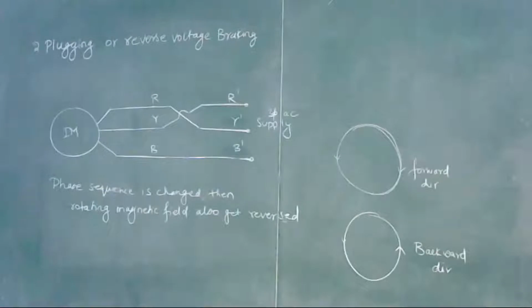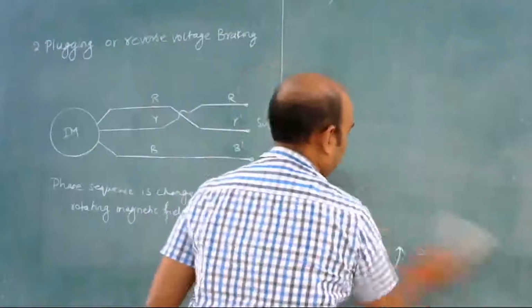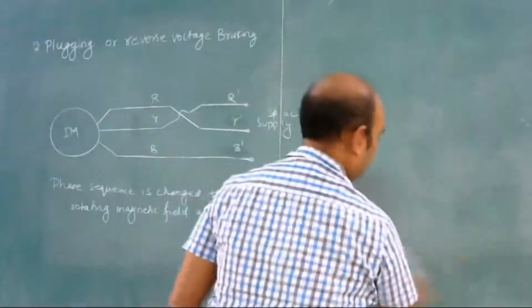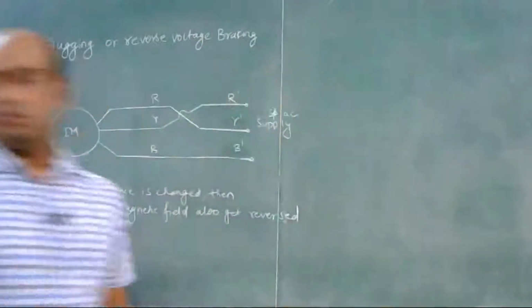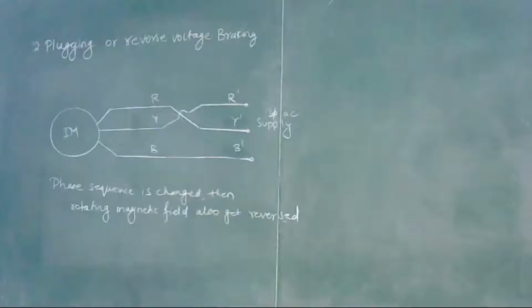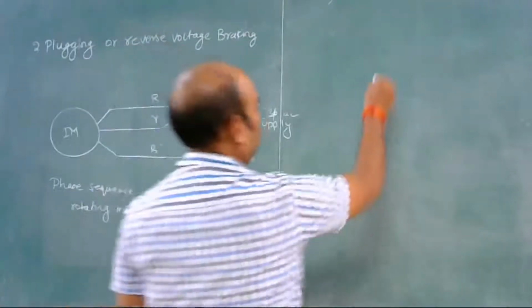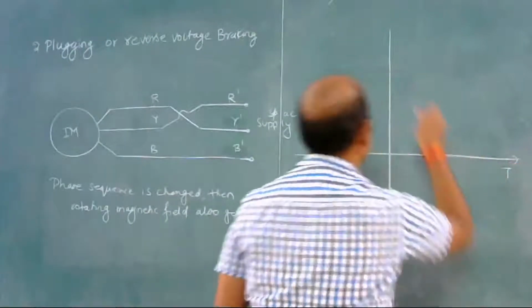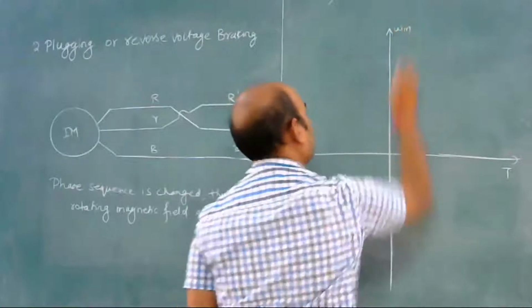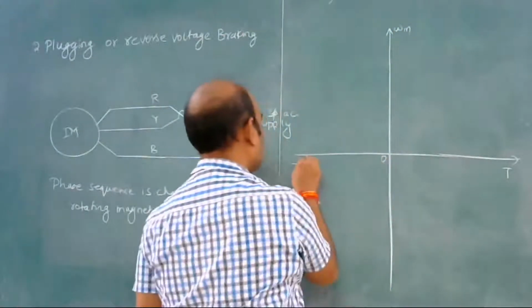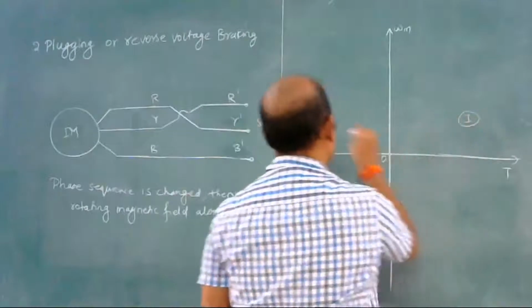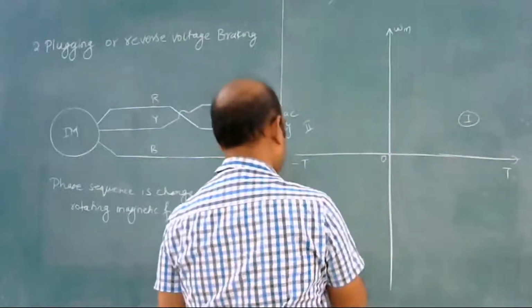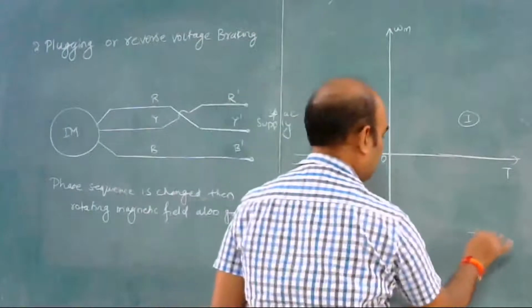Let's suppose we draw its speed torque characteristics. This is T, this is the origin, this is the first quadrant, this is second, this is third, and this is the fourth quadrant.